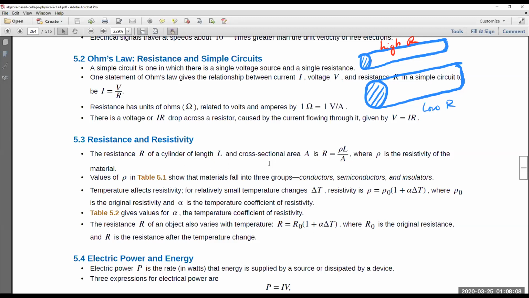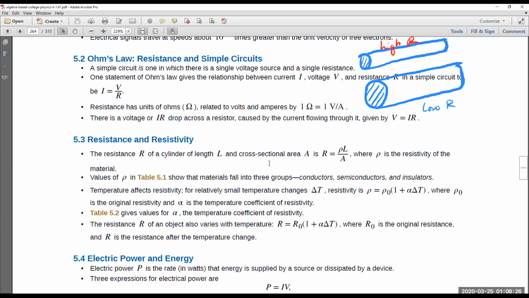Also, a shorter pipe will have less resistance, and a longer pipe will have more resistance.